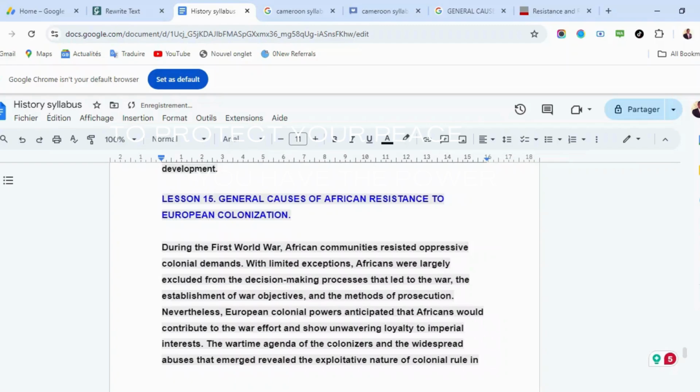Africans were largely excluded from the decision making processes that led to the war, the establishment of war objectives and the methods of prosecution. Nevertheless, European colonial powers anticipated that Africans would contribute to the war effort and show unwavering loyalty to imperial interest.